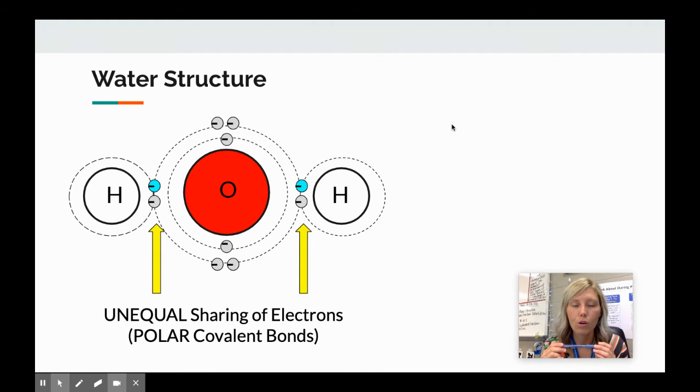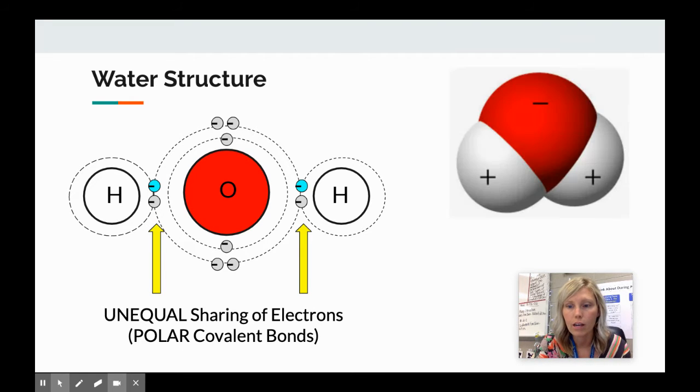As a result, because the oxygen is a little bit more greedy, or electronegative, it's going to have a slightly negative charge because, again, it's pulling that negative electron closer to it than toward the hydrogen. As a result, you'll notice that hydrogen atoms have a positive side on them.